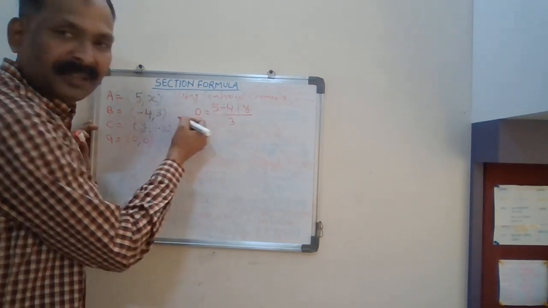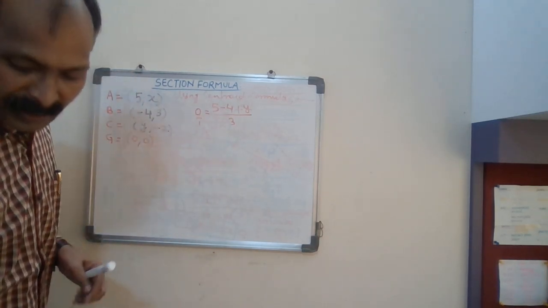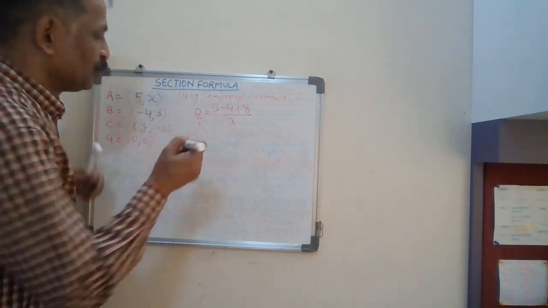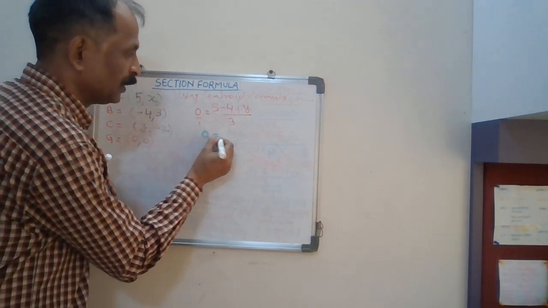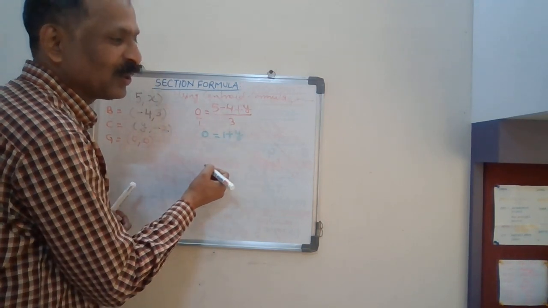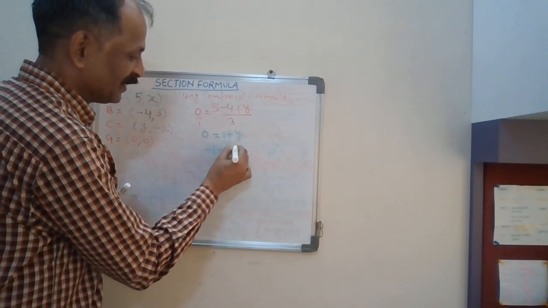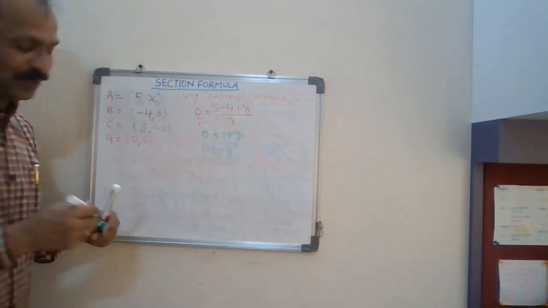I'm saving time. So now 0 equal to 1 plus y. So you got the value of y. So y equal to minus 1.